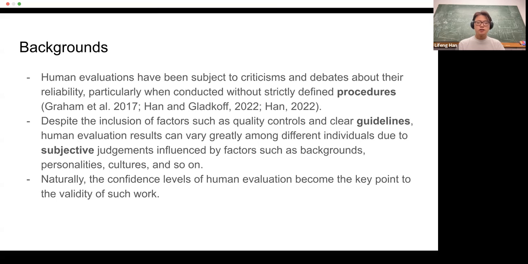Despite the inclusion of factors such as quality control and clear guidance, human evaluation results can still vary greatly among different individuals due to subjective judgments that are influenced by factors such as background, personalities, cultures, and so on. Naturally, confidence intervals of human evaluation become the key point to the validity of such work.